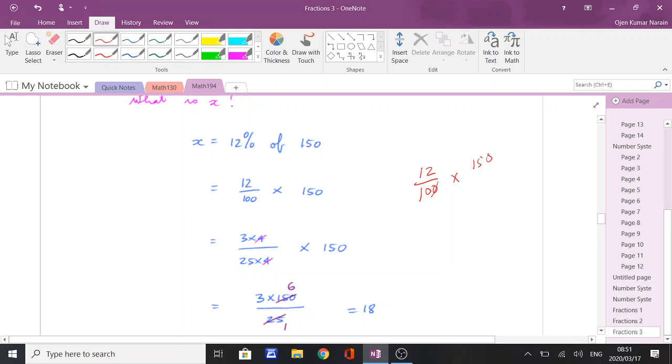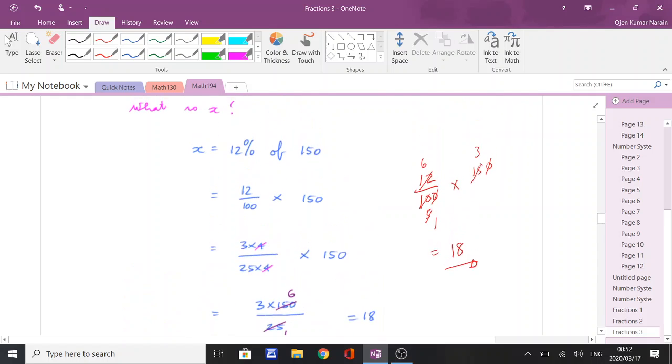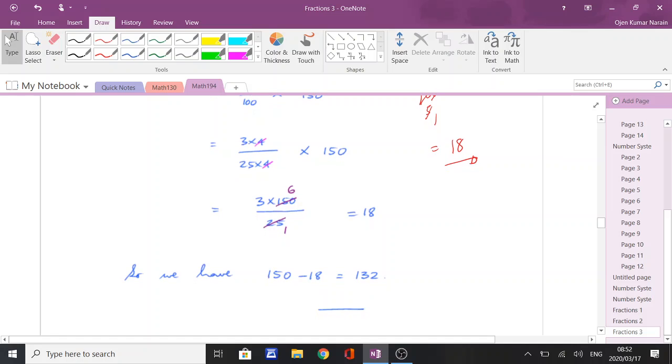So the zeros cancel. Here we have 2, there goes the 5 times, 2 goes there 6 times, 5 goes there 1 times, 5 goes there 3 times. So we have 18. So we must have 150 minus 18, which is 132. So we have reduced 150 by 12%. Well, the answer is 132.